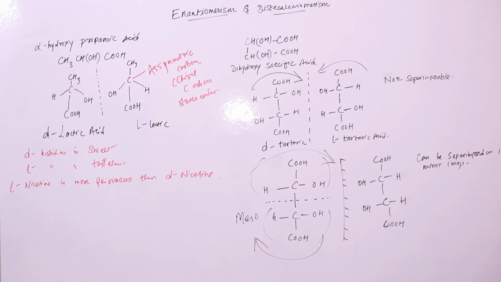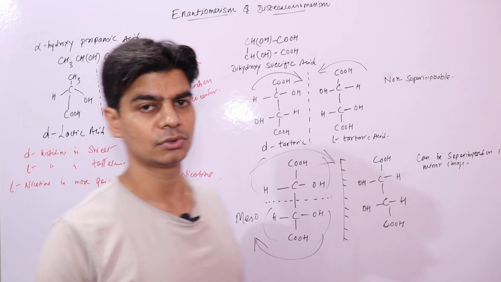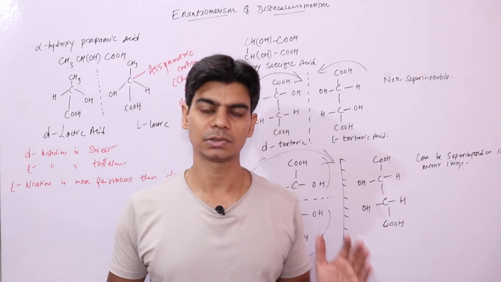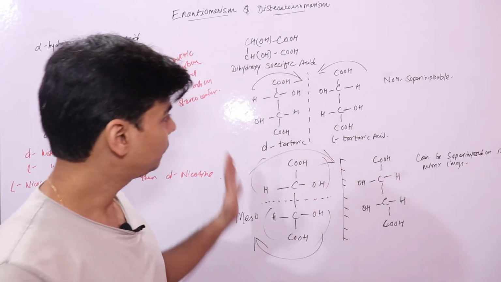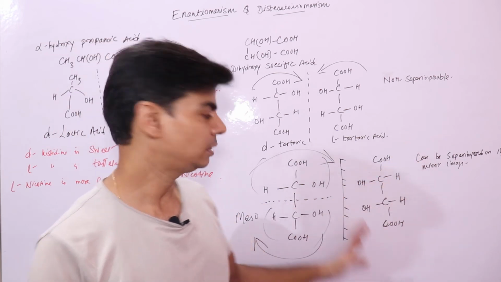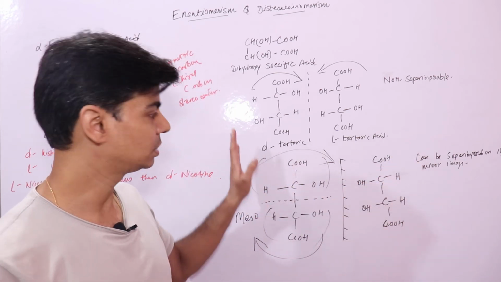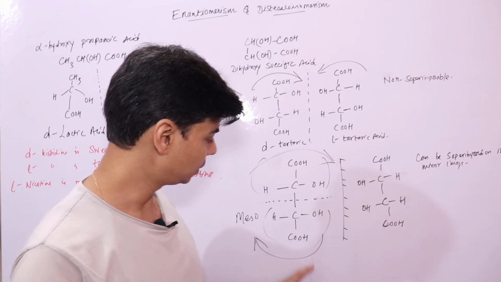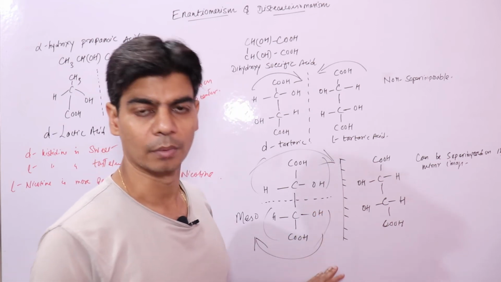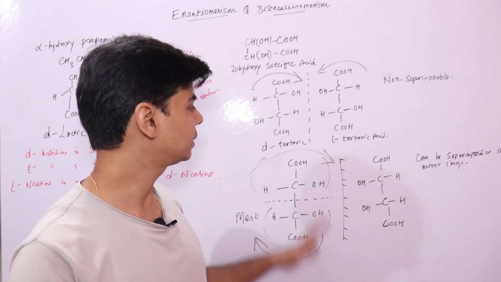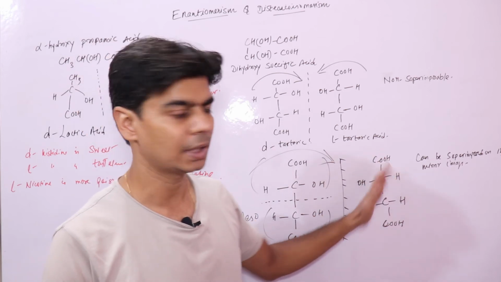So which optical isomers are these that are not mirror images of one another? If you remember, we talked about tartaric acid. Tartaric acid exists in three forms: D form, L form, and the meso form. The meso form is optically inactive, while the D and L forms are optically active.